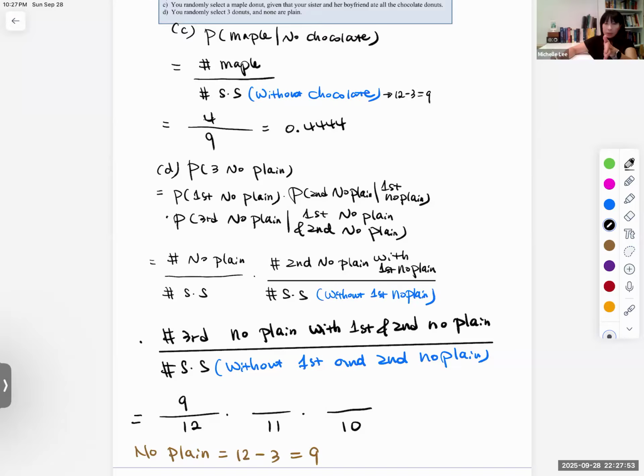Then next one is 8 because we have a second no plain with the first no plain, right? And the next one is 7. Same concept as earlier, when all three were chocolate, right? Now can you please calculate? It's 0.3818. Yeah, very good.